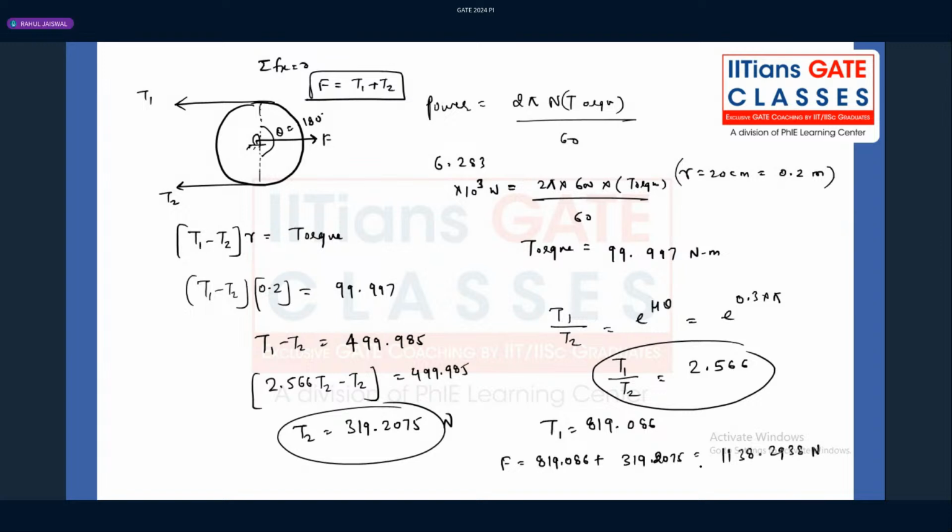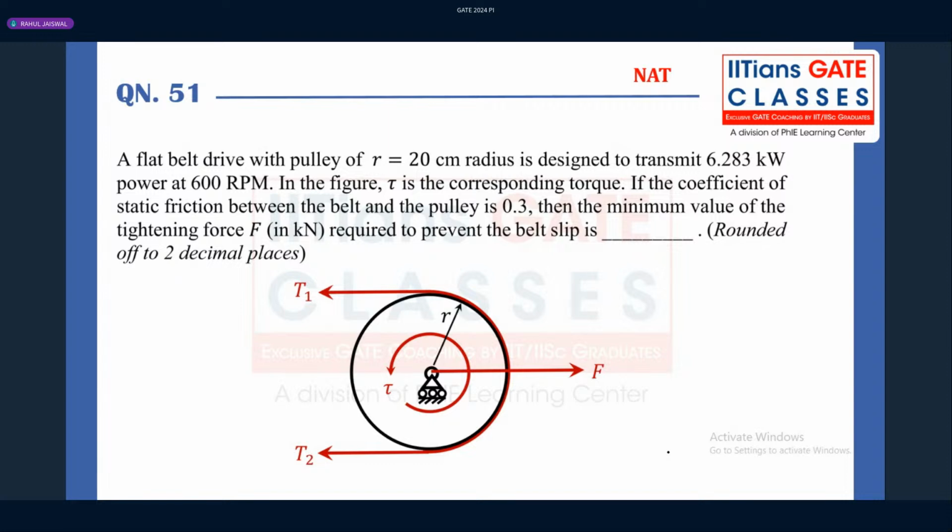If you write in kilonewton, you have to divide by 1000, so that will be 1.138, but they are asking to round up to two decimal places, so it will be 1.14. That should be the axial force, or tightening force, that must be applied to prevent the belt slip.